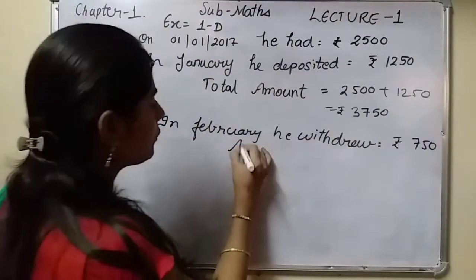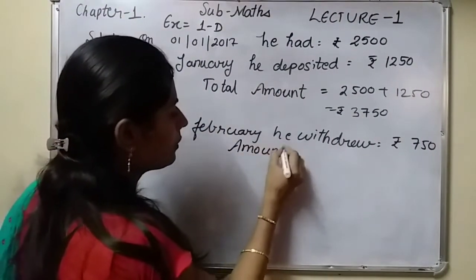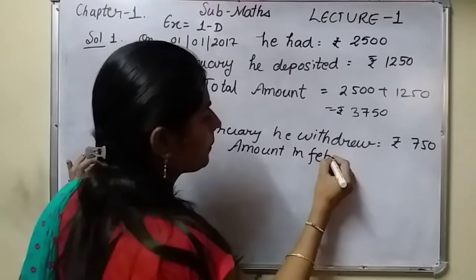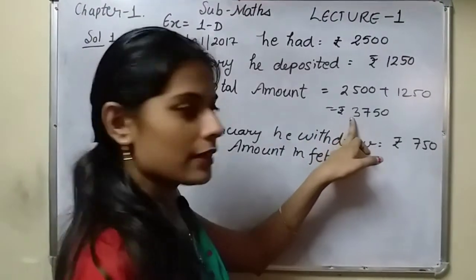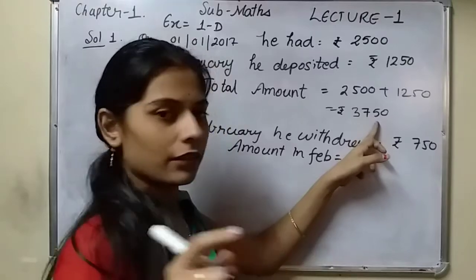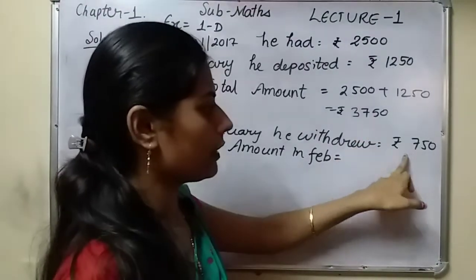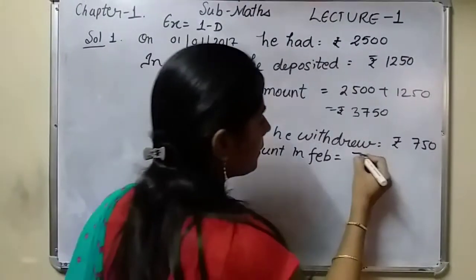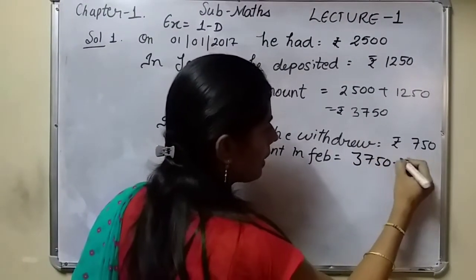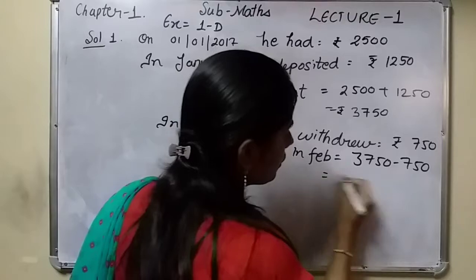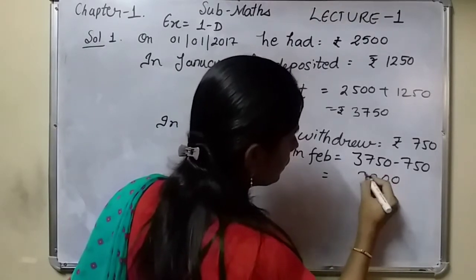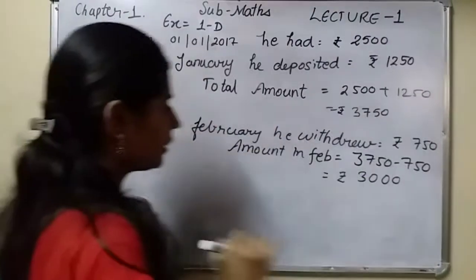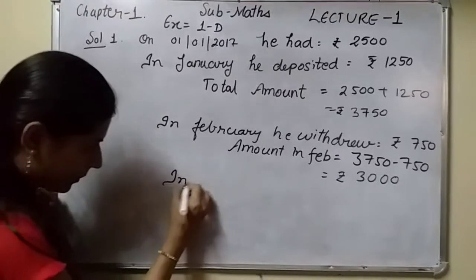Then the amount in February: this amount, 3750, is already there in his account, but when he withdraws 750 in February, then 3750 minus 750 is equal to 3000.